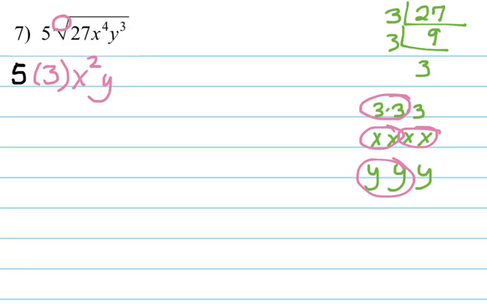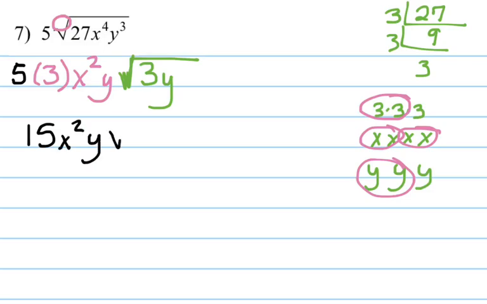And then we have our radical that was left behind, which is a square root of a 3y. And so combining it to what we need, we have 15 x squared y times the square root of 3y.